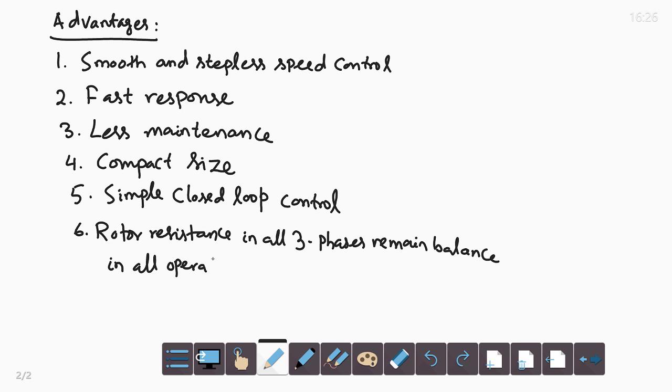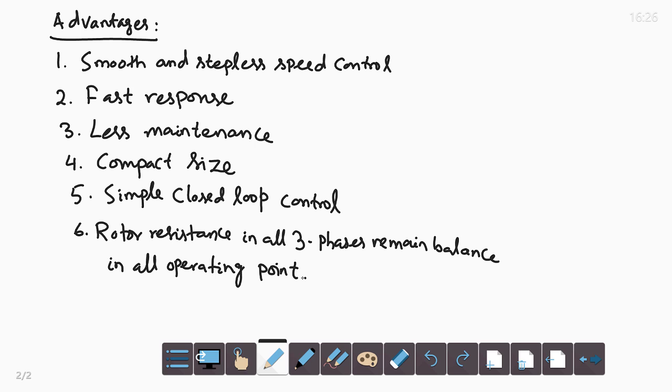There is no question of unbalance, because the resistance is only in the DC side. So, in conventional methods there can be some unbalance, but in this case there is no unbalance. Okay. So, these are the advantages.